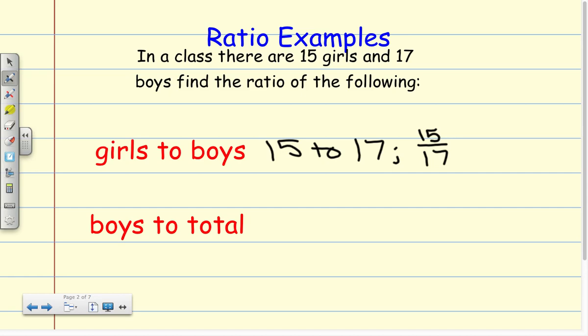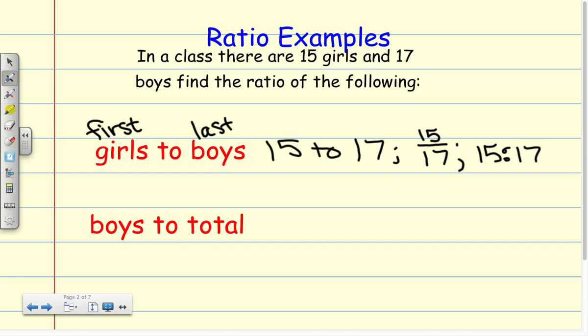What's another way to write it? The colon. What's the first number on the colon? 15. As I say, this is always going to be first. The first object is always going to be first, and the second one will always be last. First would also mean top or bottom. 15 is to 17.